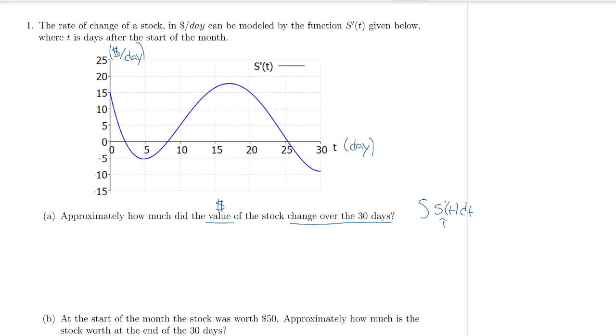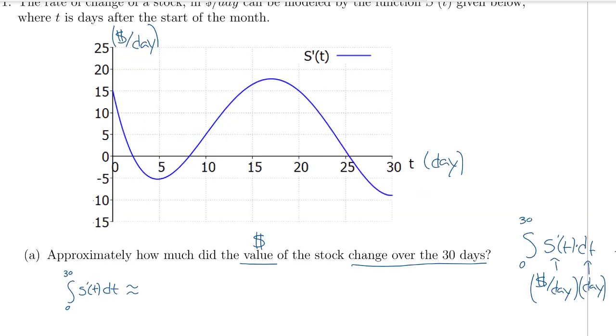So we have dollars per day for s prime, and we have t in days. So dt represents the infinitely small width of our intervals. And this operation is multiplication. So the units that we would get here is dollars when we integrate this over some interval. So we want to do it over 30 days. So we're going to choose 0 to 30 for our limits of integration. So that's actually what we're after.